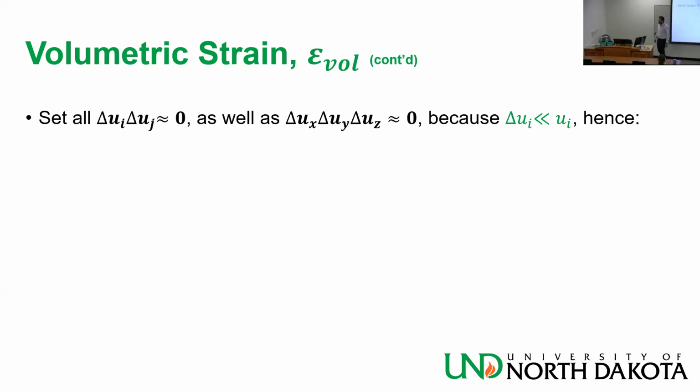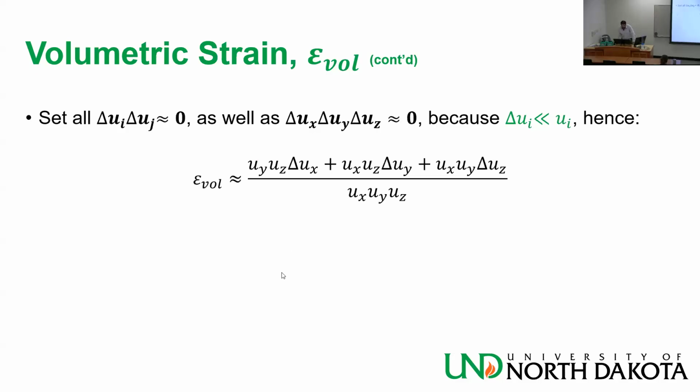It's very small. And when I have 3 deltas multiplied with each other, it will also be equal to 0. That's because I assume it's a small deformation. And actually, my whole elasticity theory is for small deformations. So it's valid with that overall assumption.